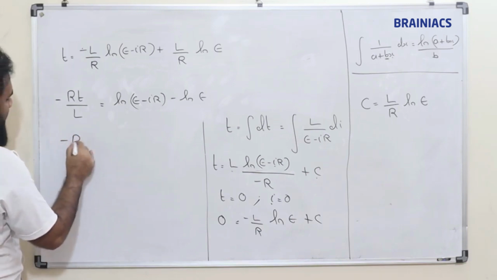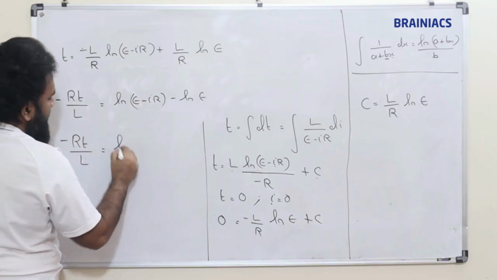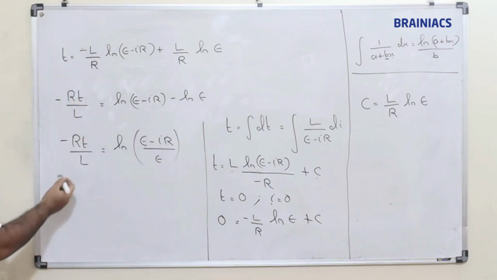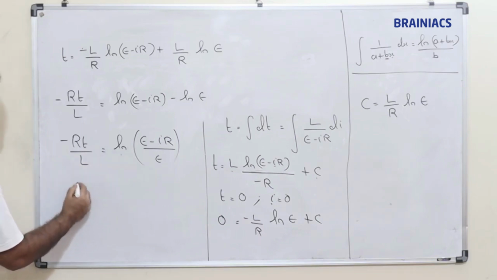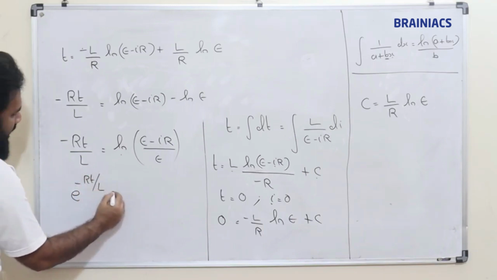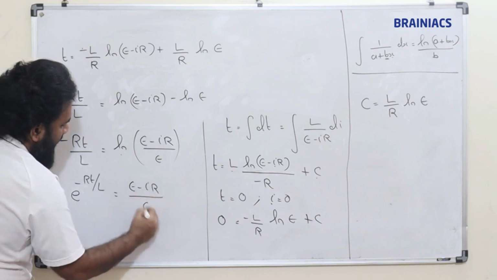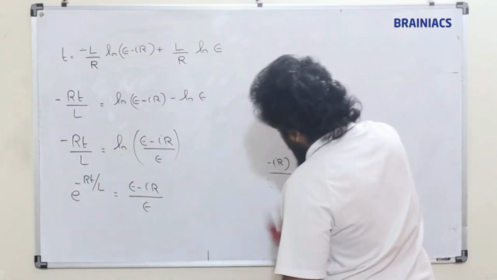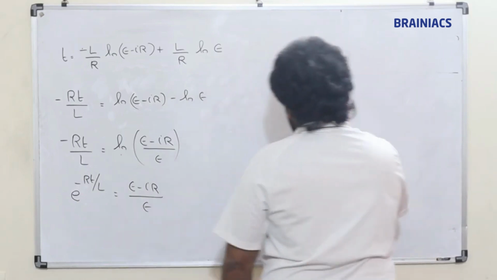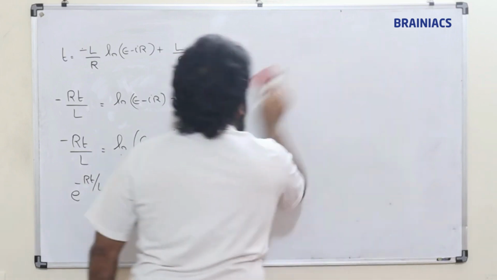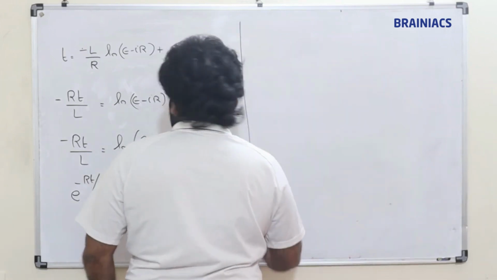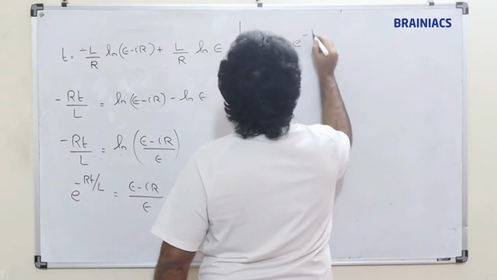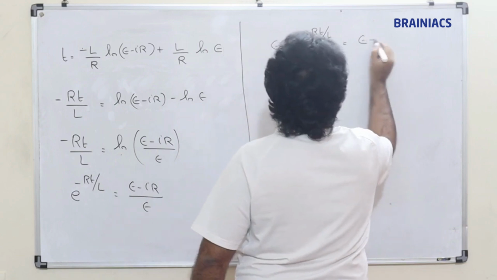So minus RT by L is equal to natural logarithm of (E minus IR) divided by E. Now to remove this natural logarithm, E raised to minus RT by L equals (E minus IR) by E. So E will move to this side: E into E raised to minus RT by L is equal to E minus IR.